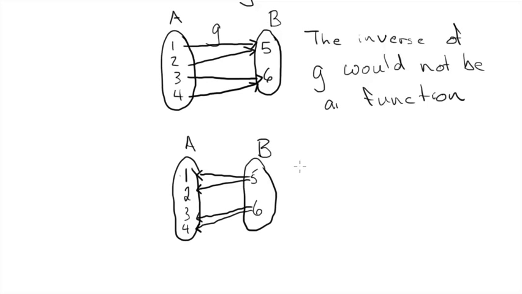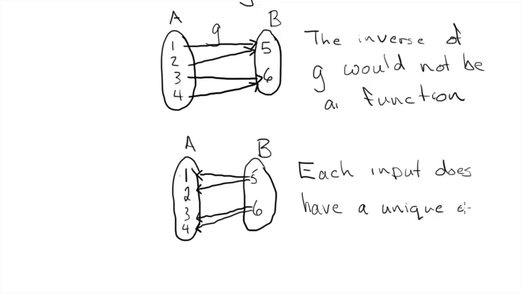So each input, right, these are now the inputs. What were the outputs become the inputs, so under the inverse, each input does not have a unique output, and that's because the original function g was not one-to-one, right?